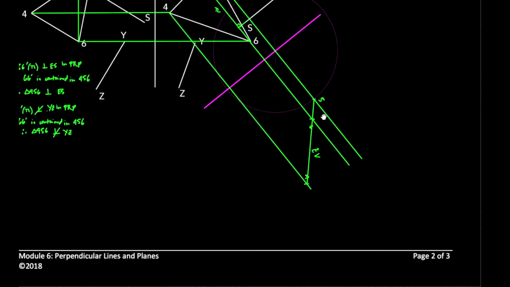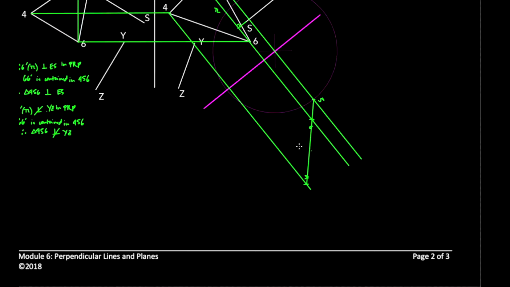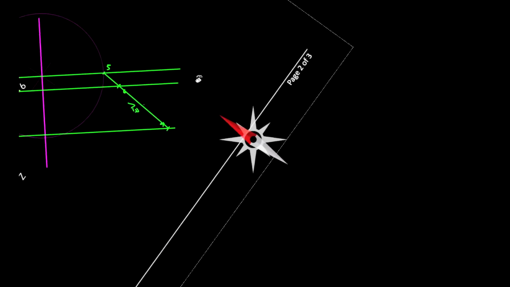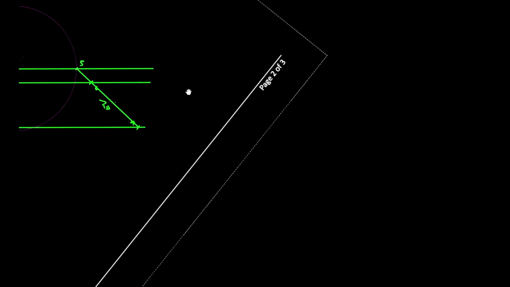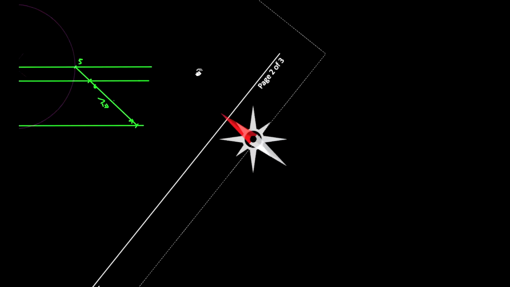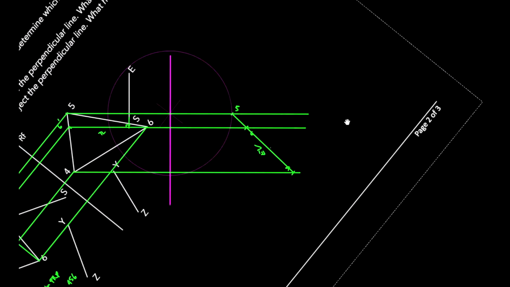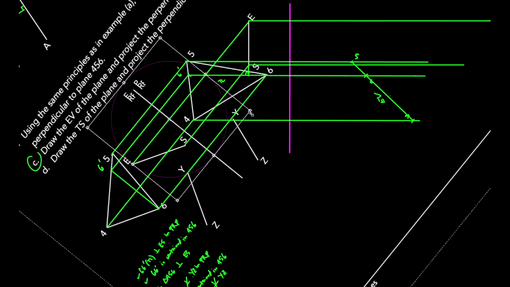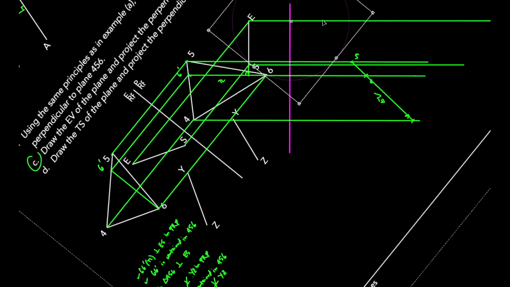Edge view. Tapos, i-project na lang natin yung isa pa, yung ES na line, which we know already will be true length, no? Because parallel itong reference plane natin dun sa ES. Okay? So, just for the sake of completion, tatapusin ko lang to. So, ES, E is right here.